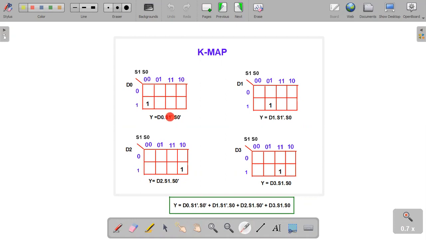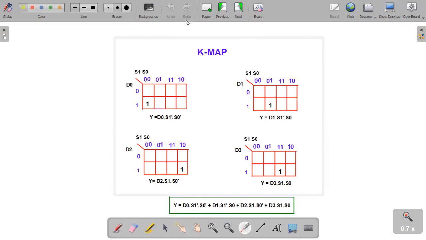So we use the complement symbol or bar. Like that, using truth tables, all the relationships are derived from the K-map. Here is the overall relationship for Y: because it is a data selector combined with all four inputs, when any one of the conditions is true, it gives that input.